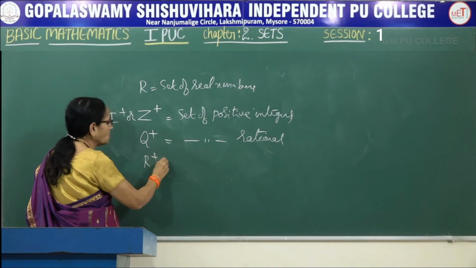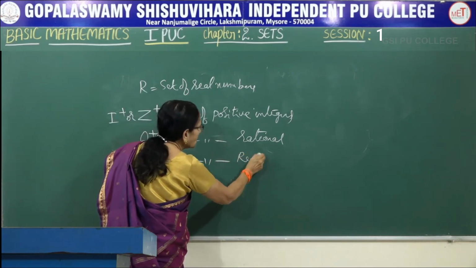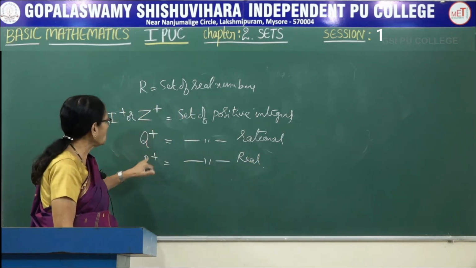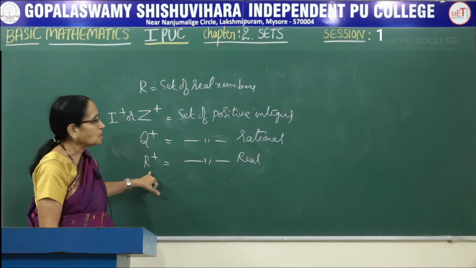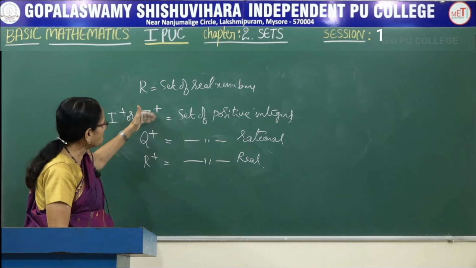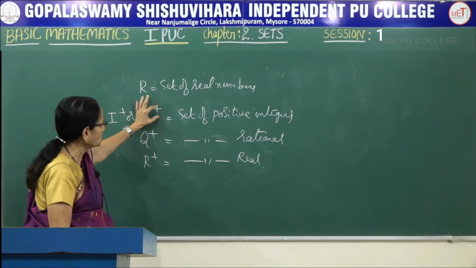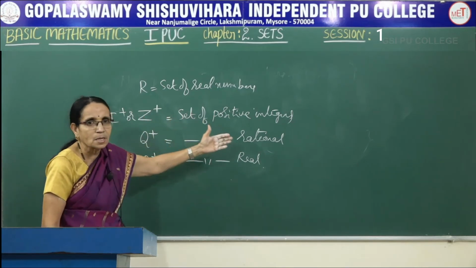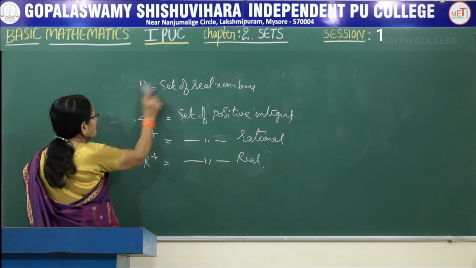R plus, if you write, what can that be? Set of positive real numbers. So if you simply write Z, Q and R, it is the set of integers, rational numbers, real numbers. When you write this plus above, superscript we say, we consider that set to contain the positive integers, positive rational numbers, positive real numbers.